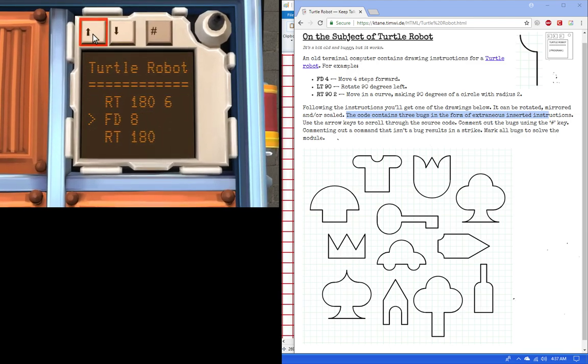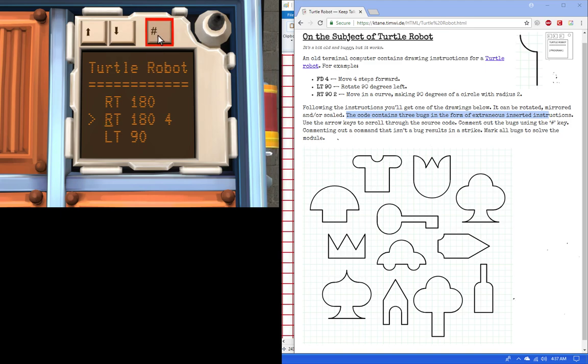Something doesn't look right. So I went forward 4, and now I'm facing it upside down. And then we have this RT 184. That's not the right thing, is it? Because this is only a 90-degree angle, not 184.